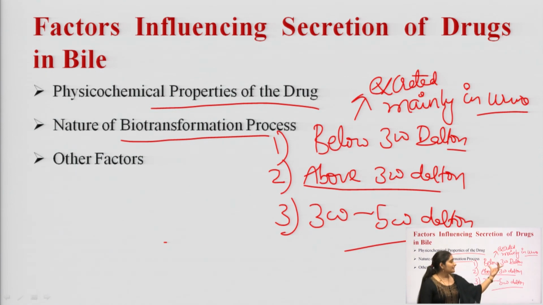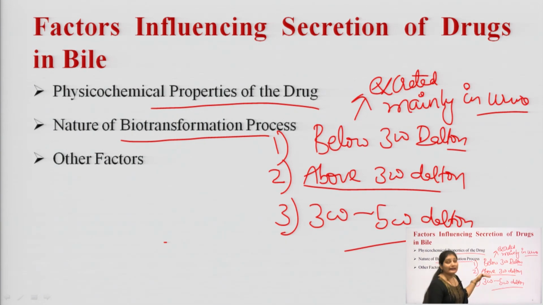First category is the drug compounds having a molecular weight below 300 Dalton. Second is the drug compounds having a molecular weight above 300 Dalton, and third category is the drug compounds having a molecular weight between 300 to 500 Daltons. In the category with below 300 Dalton molecular weight, the drug is mainly excreted into the urine, and less than 5% of the drug excretion takes place through bile.